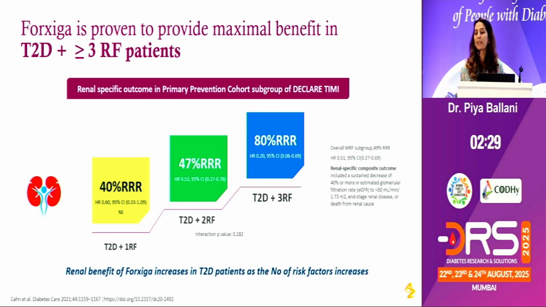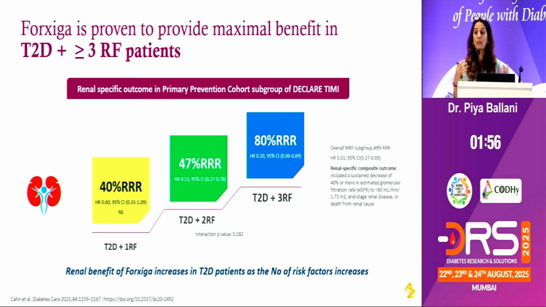First is DECLARE-TIMI. Of course, we have so many other trials also on the innovator molecule. But what's important to see over here is that in DECLARE-TIMI, what I'm showing you are the renal specific outcomes in the primary prevention cohort. So these are not patients who already had a pre-existing disease, but in the primary prevention cohort, as the number of risk factors went up, from 1 risk factor to 2 to 3, the renal specific outcomes actually got better and better.